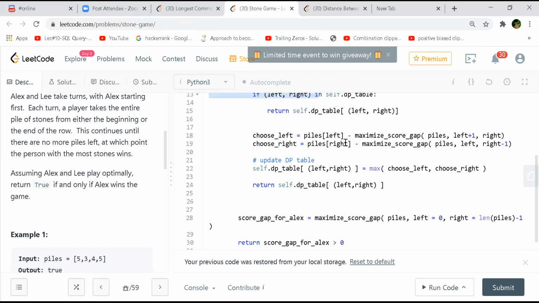Otherwise, this is what we are doing. We pick the left pile, and for the remaining function we go to left plus one to the right, because we have already picked one. And if you have picked the last one, then the remaining is left to right minus one. Subtract whatever you get out of it, and out of these two we pick the max.